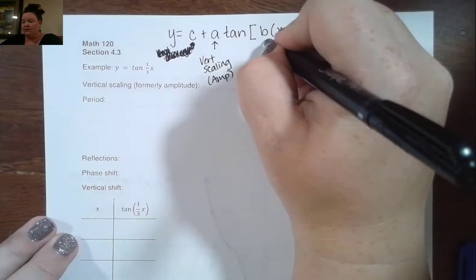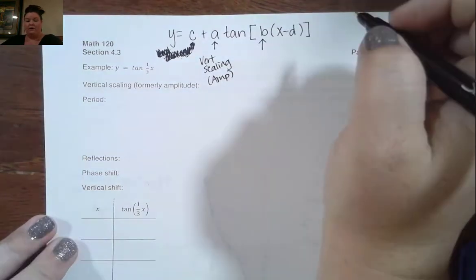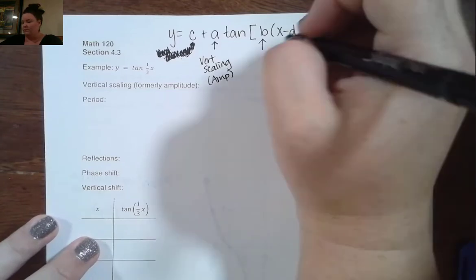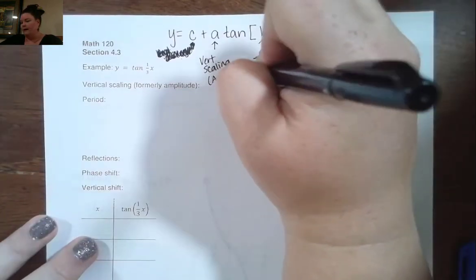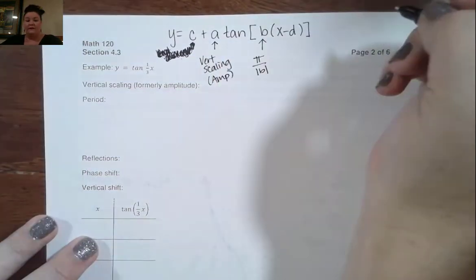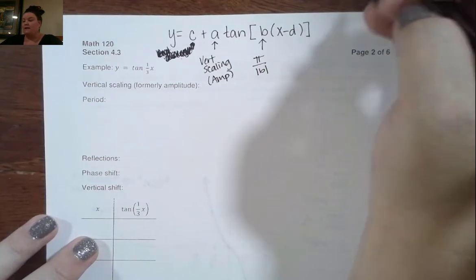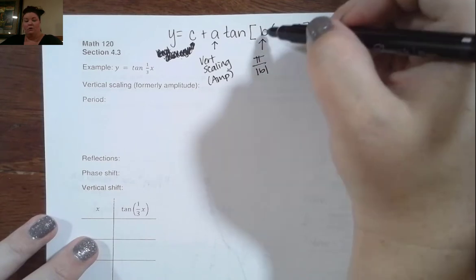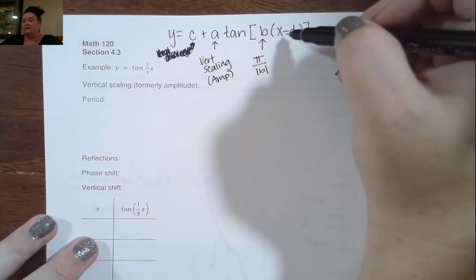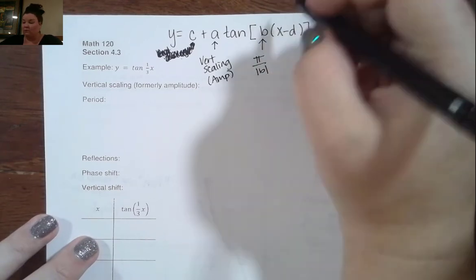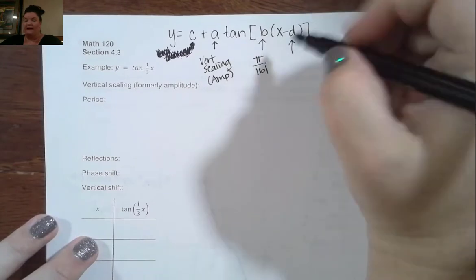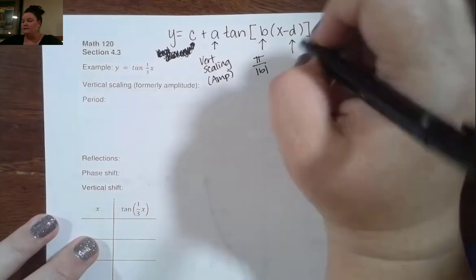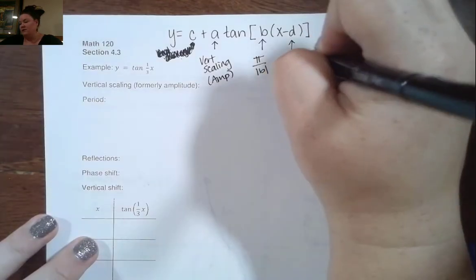Inside here, our B, remember, is where we get our period, right? We're going to get our period from pi over the absolute value of B, right? If there happens to be no B in there, we don't have to worry about that. But if there's something being added or subtracted in here where D is, once we've factored the B off, remember that's very important, this is our phase shift.